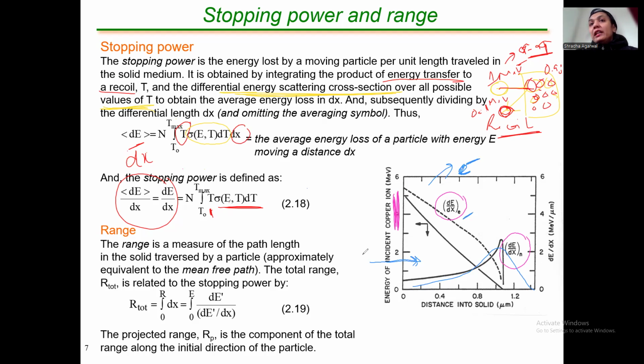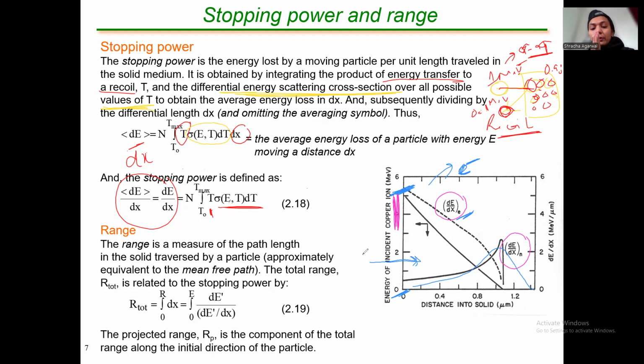Now, when it is just entering the solid, energy is very high, therefore it has a maximum electron energy loss in the beginning, because it has very high energy when it enters the solid.